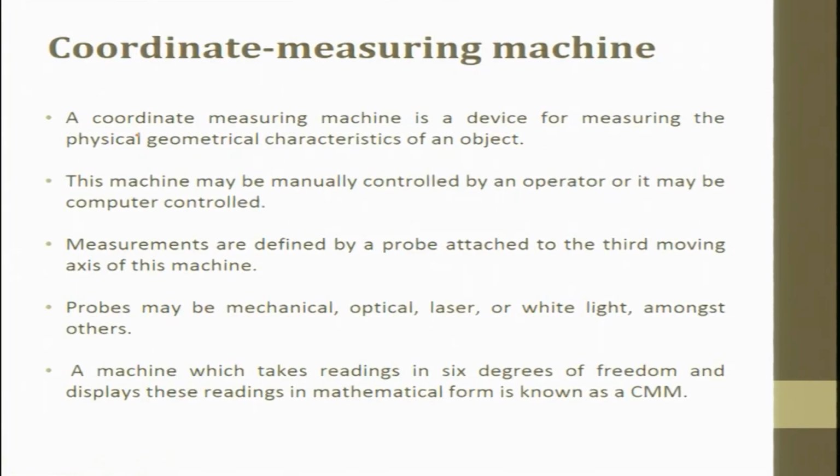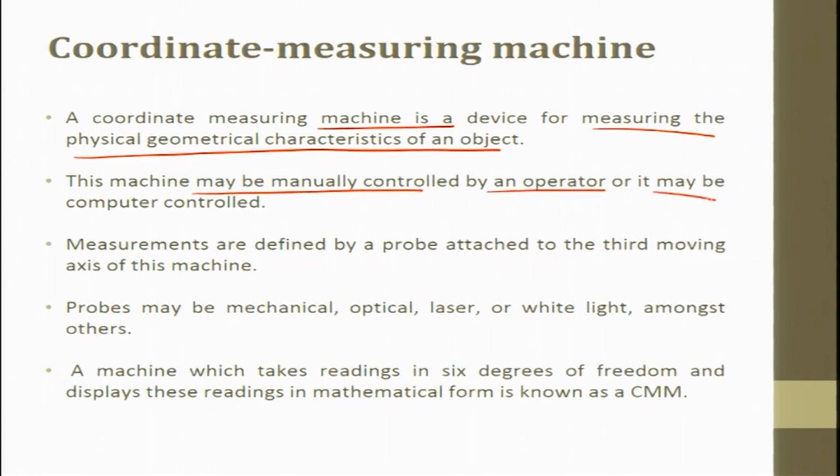A coordinate measuring machine is a device for measuring the physical geometrical characteristics of an object. This I have just explained. This machine may be manually controlled by an operator or it may be computer controlled. We'll show you both operations, the manual control using a joystick and CNC mode as well. CNC mode is computer numerical control.